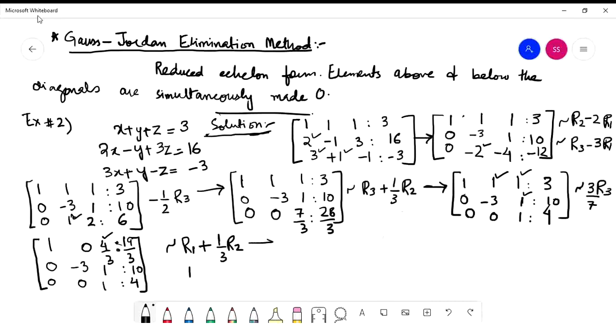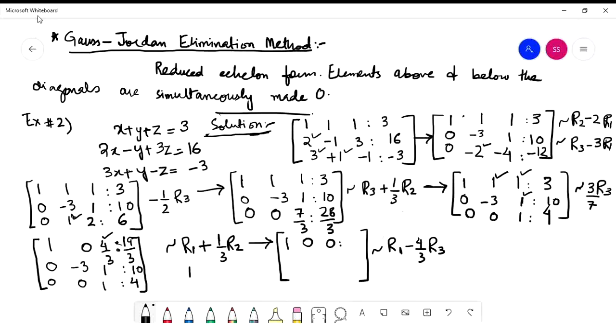So if we proceed towards that, I want to make a change in R1 and its third column element. So R1 minus 4 by 3 R3. Okay, so 1, 0, and 4 by 3 minus 4 by 3 is 0.